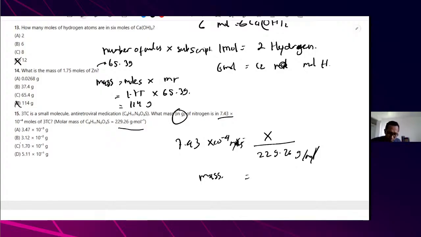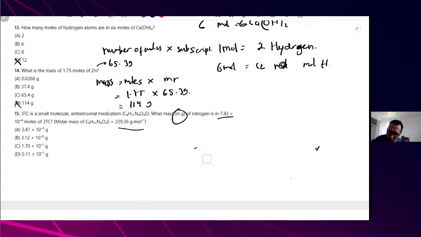It's 0.0324 or 14. Not like this way. I think I made a mistake over here. What mass in gram of nitrogen is in 7 moles of 3TC?